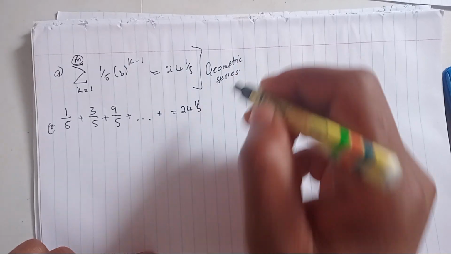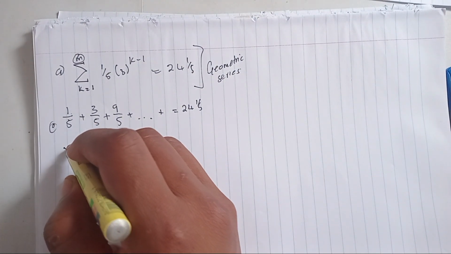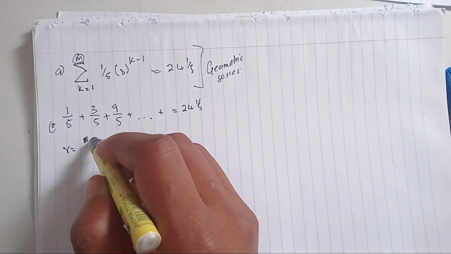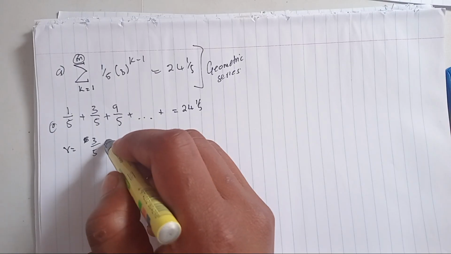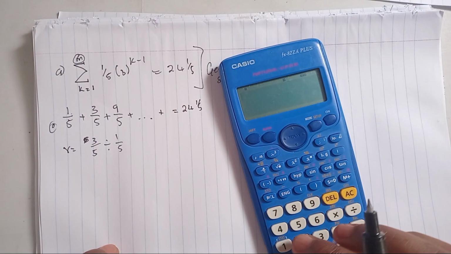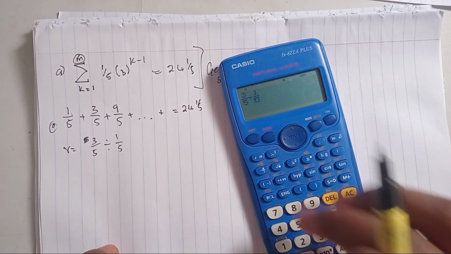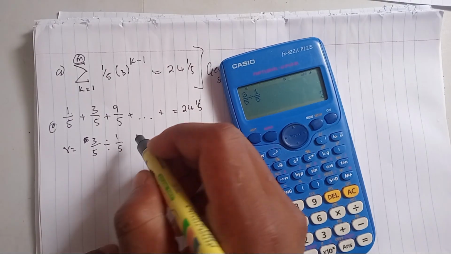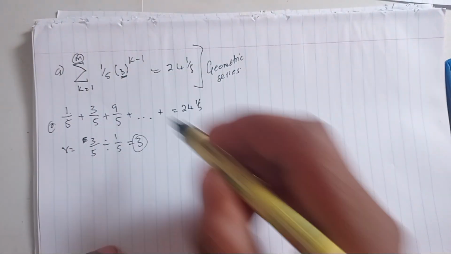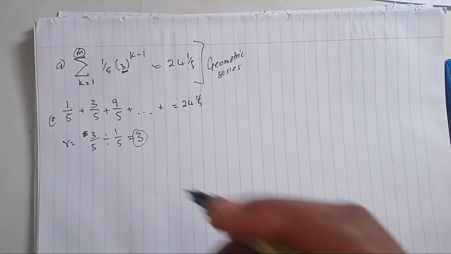Now we have to find the common ratio. The common ratio will be 3 over 5 divided by 1 over 5. We click that into the calculator and we get 3. It means that our common ratio is 3, and in most cases it is written in brackets like this.